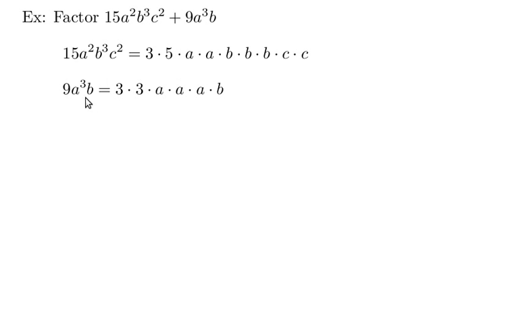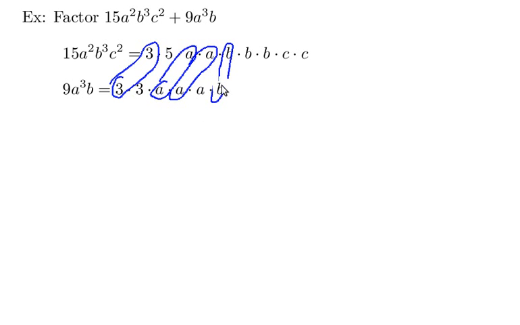So we have 3, a, b. Okay, so let's see what we have in common. We have a 3 in common. We have an a in common. Another a in common. And we have one b in common. So what we have in common is one 3, 2 a's, and 1 b.